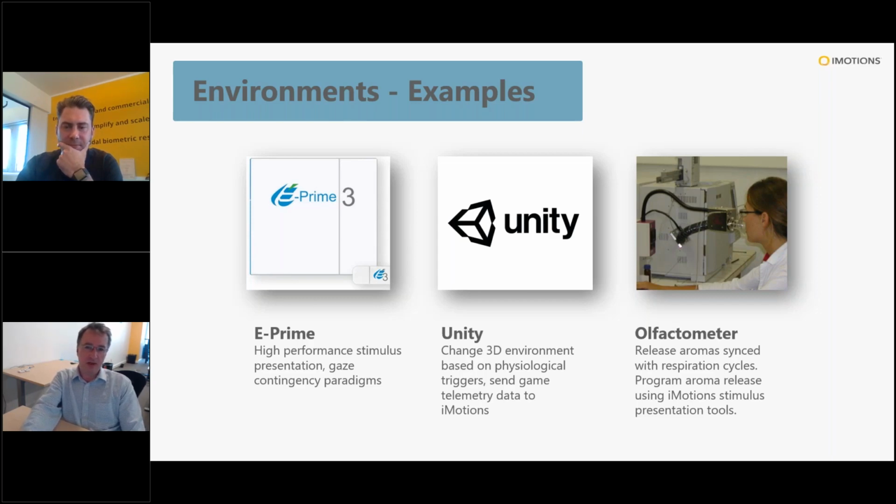So in this case, we use the iMotions API to measure the respiration of the participant, detect where in the respiratory cycle they are, and then release the aroma at the ideal moment, when they're about to inhale rather than exhale. That's somewhat of a special example, but it shows the versatility of using the API.